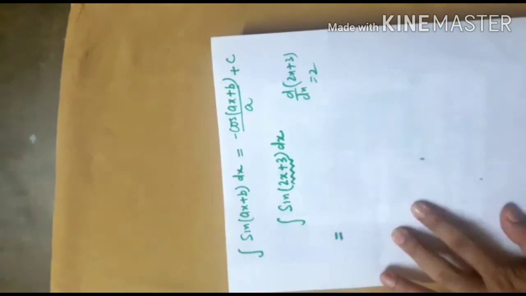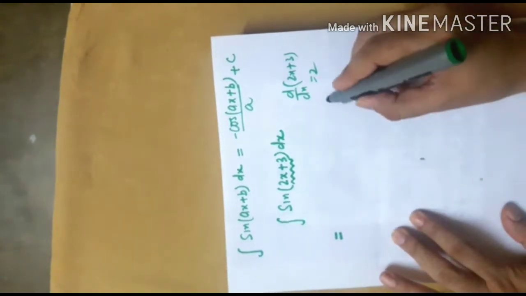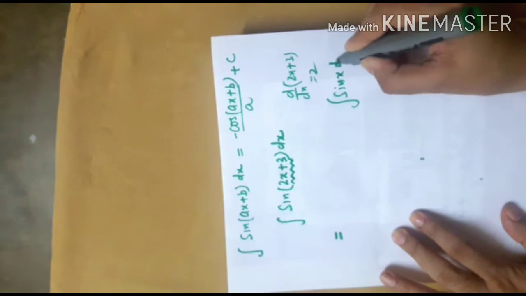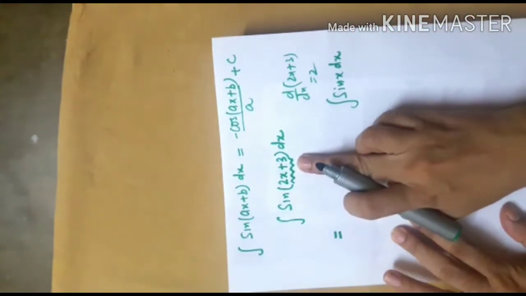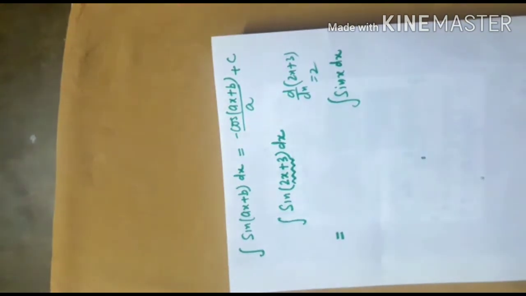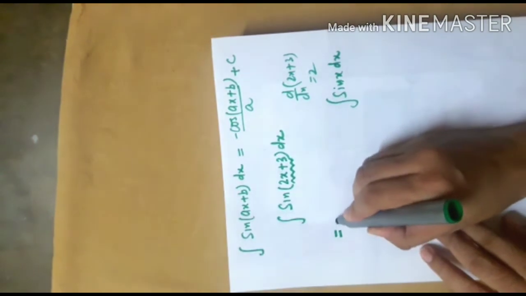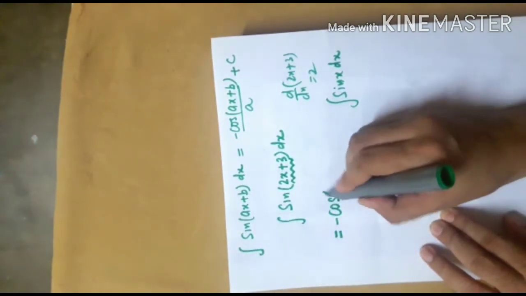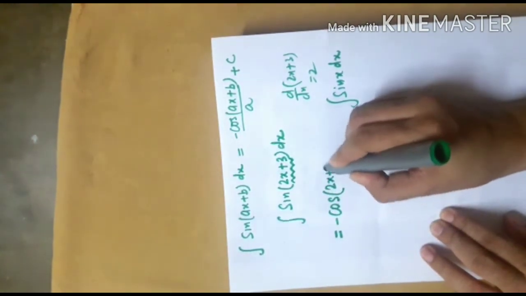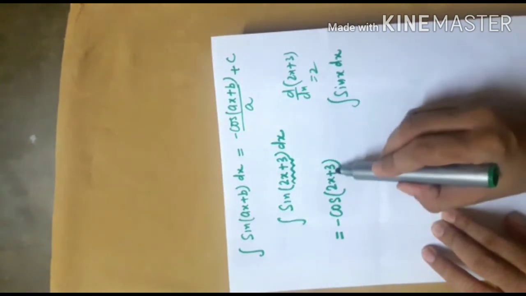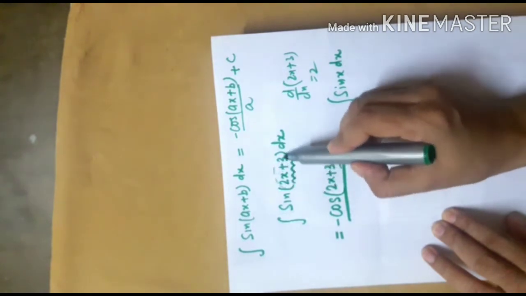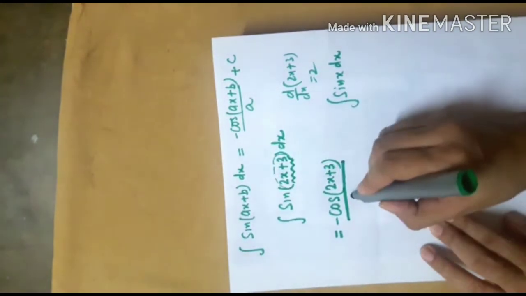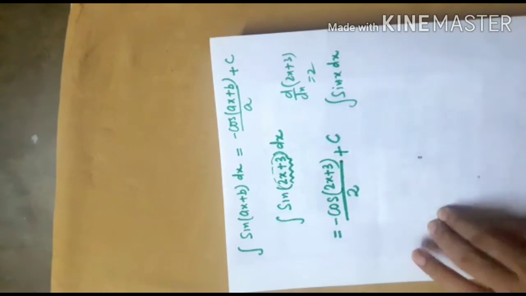So this integral is of the form integral sine x dx, where the role of x is being played by 2x plus 3. What is the integral of sine x? Yes, it is minus cos x. So what I'll do? It is minus cos. Do not change the inside function. It's minus cos(2x plus 3) and divide this with the derivative of this inside function, that is 2, plus c.